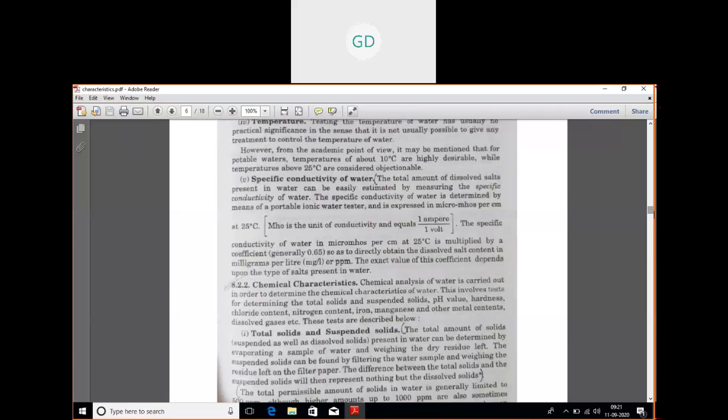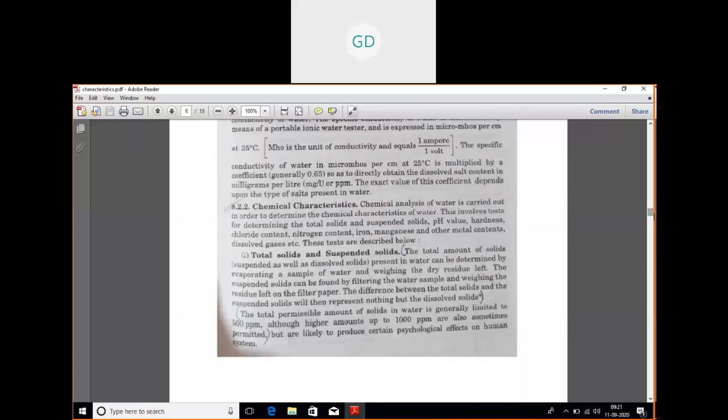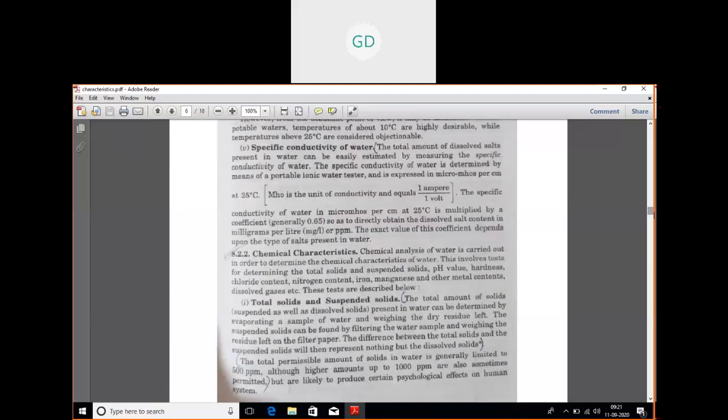Okay, then this one, physical, we did up to specific conductivity of water. Okay, I have done with section B. That's why, then today, physical characteristics we have completed.